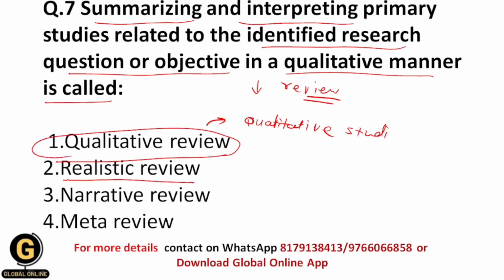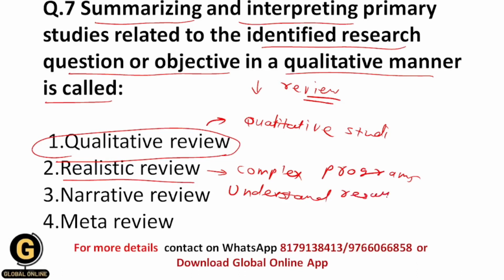Second is realistic review. What we do in realistic review, in this review we are mostly concerned with explaining the outcomes of complex programs, and it is useful for us to understand the results of a study.